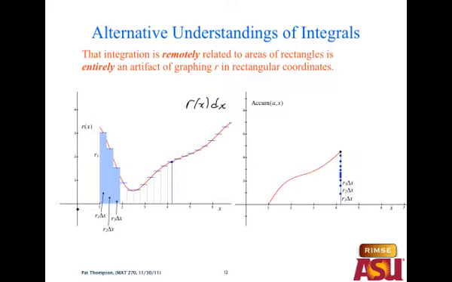But it's only because of the way we graph in rectangular coordinates at 90-degree angles to each other that we get this alternate version where r dx is also base times height. So that is not a deep principle, right? Rate of change in accumulation is significant. And then as a coincidence, an artifact, we get this area analogy.